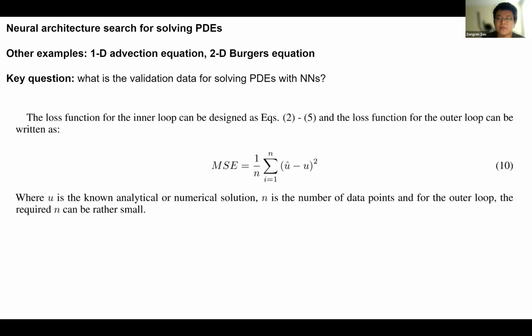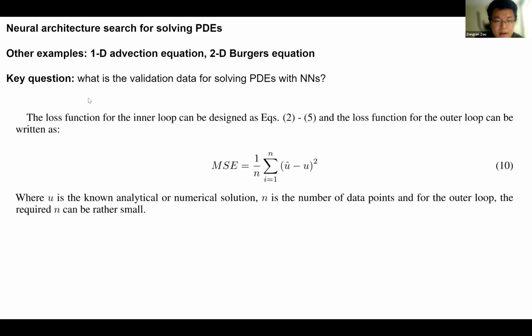Because, like I just mentioned, particularly for solving PDE forward problems, where we know the PDE and all the model parameters in the PDE, I believe it's not fair to use the solution or partial knowledge of the solution in the architecture searching process.